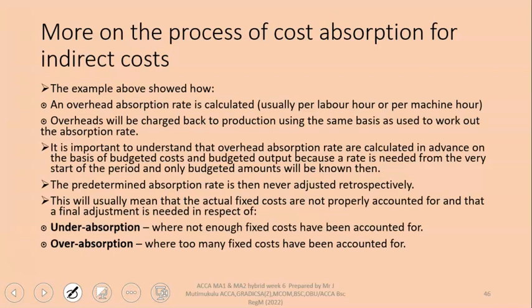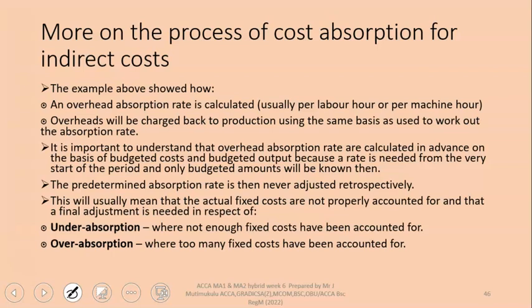It is important to understand that overhead absorption rates are calculated in advance on the basis of budgeted cost and budgeted output, because a rate is needed from the very start of the period, and only budgeted amounts will be known then. The predetermined absorption rate is then never adjusted retrospectively.